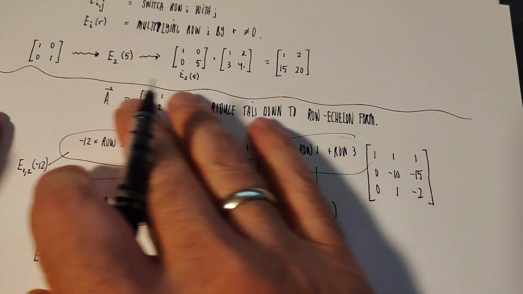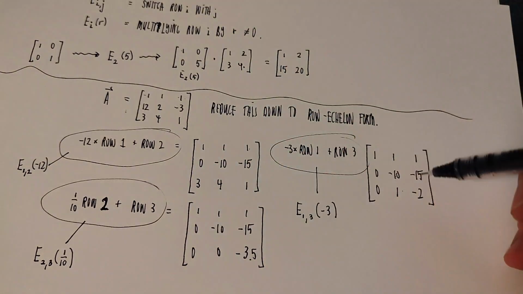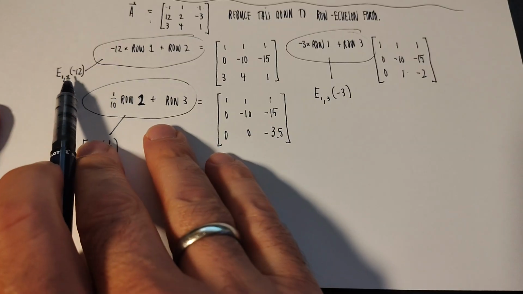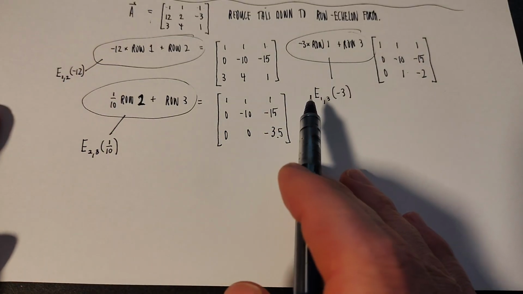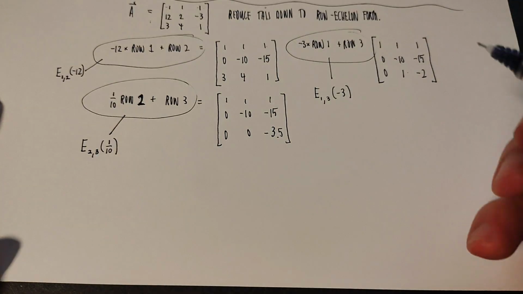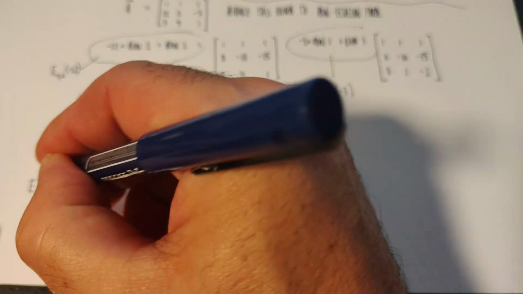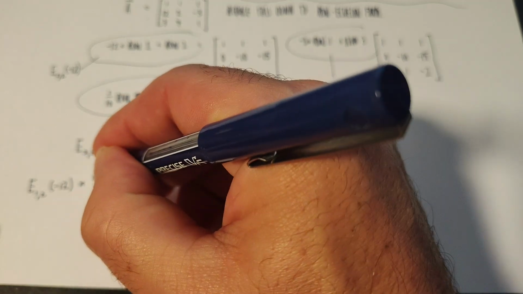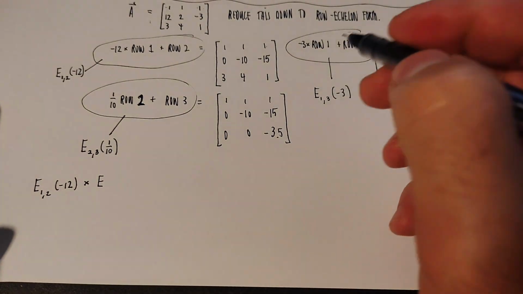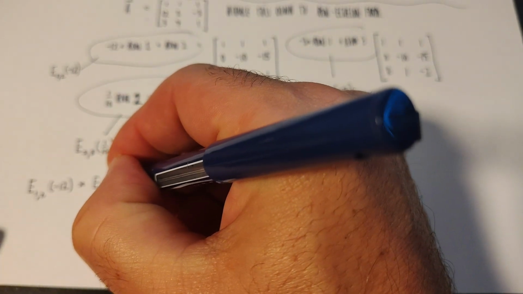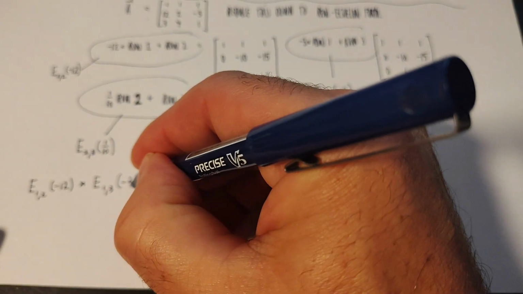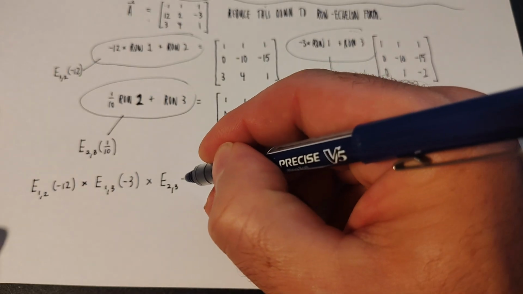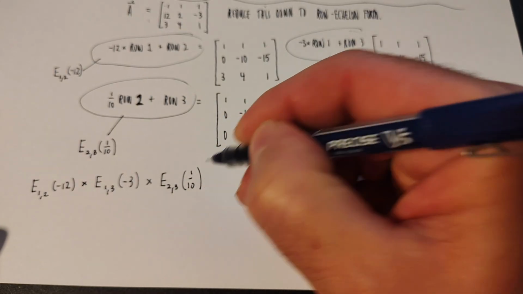So what we can actually do, you know how we did this step by step, is we could put the elementary matrices in order, and what we would get then is E of 1, 2, negative 12 times E of 1, 3, negative 3 times E of 2, 3, 1/10, right?